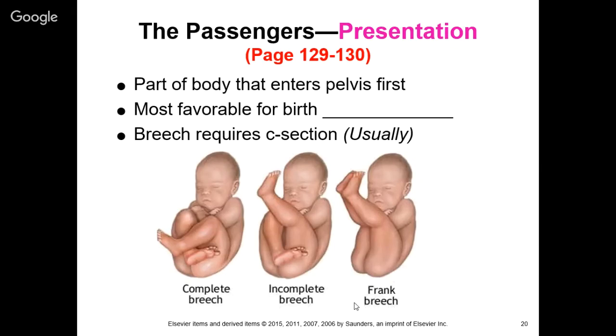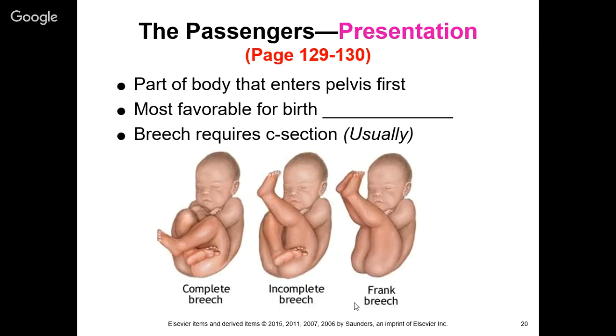Presentation is the part of the body that enters the pelvis first. Most favorable for birth? What do you think? It's the head, it's flexion. Breech requires C-section. Your book kind of implies that all breeches require C-section. That's not true.